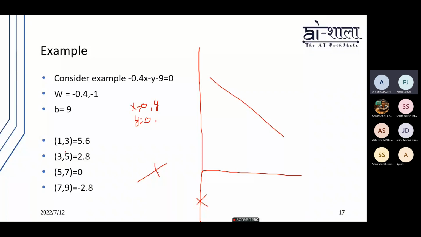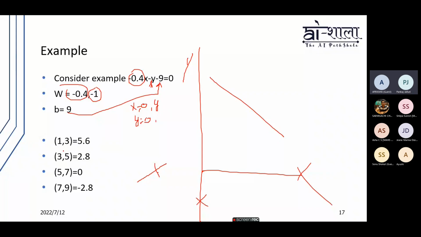Now what we want to do is, this is mx plus c, this is my m, and this is my minus 1 over here. And this is b, right? These are my weights and biases, and this is x and this is y.